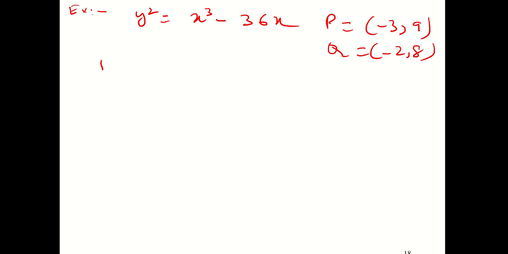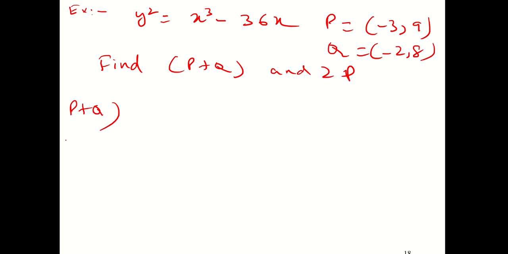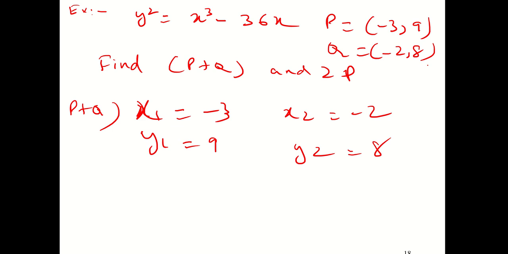They ask you to find P plus Q and 2P. So for P plus Q, x1 is equal to minus 3, x2 is equal to minus 2, y1 is equal to 9, and y2 is equal to 8, respectively, from the question.